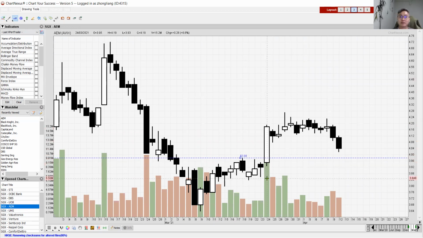So if AEM can hold at this level, there is still chance for it to rebound. So we are just a few cents away. So we shall see where this counter would take itself to. Because if this counter, like I say, manages to hold at 398, then we see a chance of upward movement.